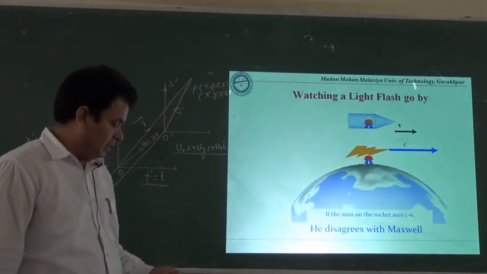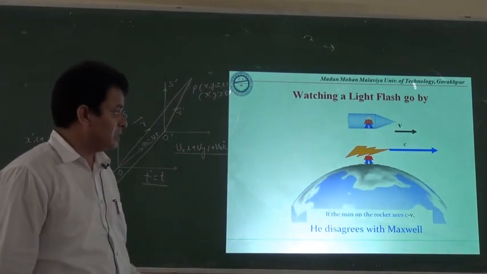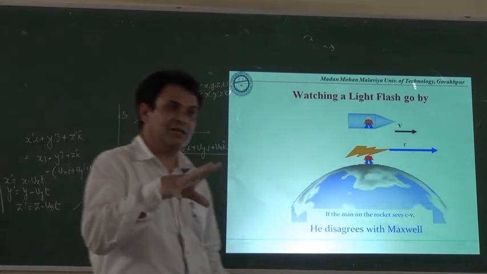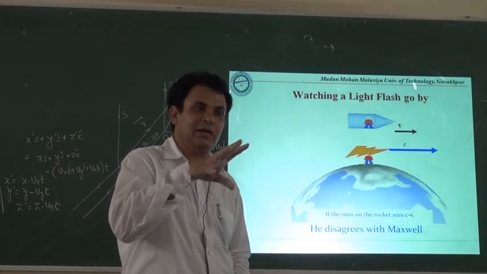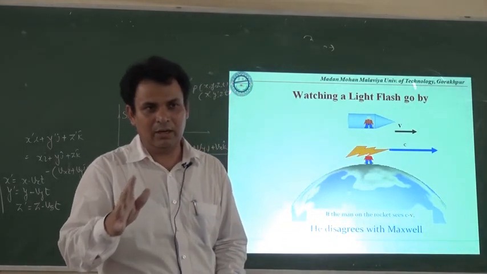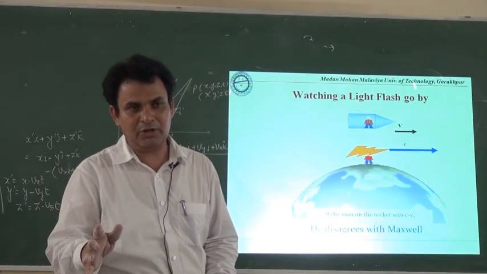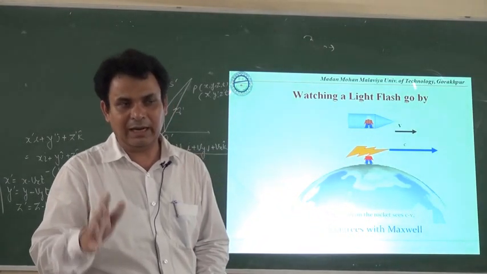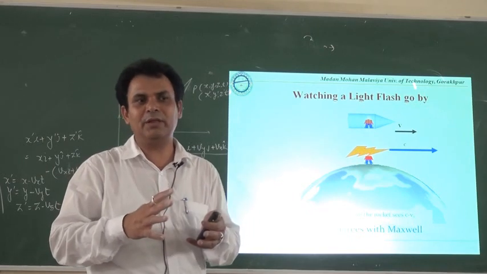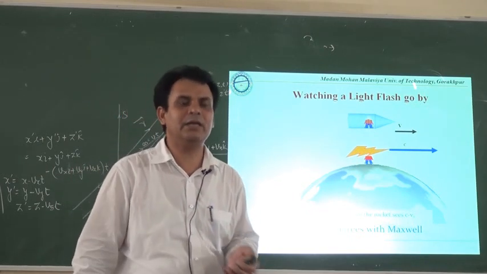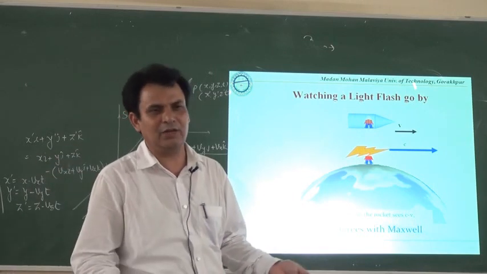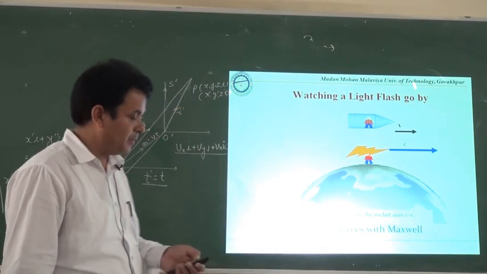Now there was a great problem if we consider this situation, that a universal ether medium is there, and with respect to that medium the rocket is moving and light is also measured. Then there will be relative motion between them, which will be C minus V or V minus C. Since C is very high, usually it is C minus V.